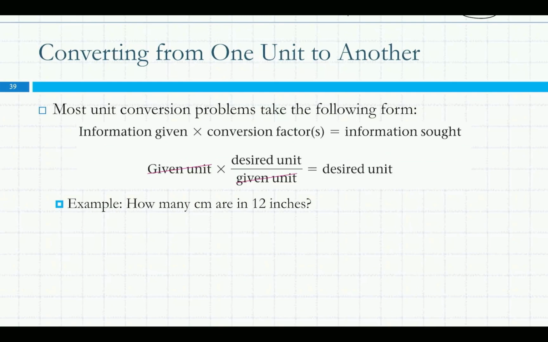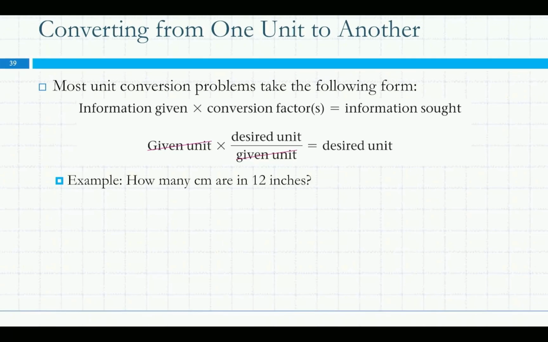So how many centimeters are in 12 inches? Unintentionally did that. Just picked 31. But to say it more exactly, I say 12 inches, that's our given unit, times, and we know the conversion factor is 2.54 centimeters, that equals 1 inch.